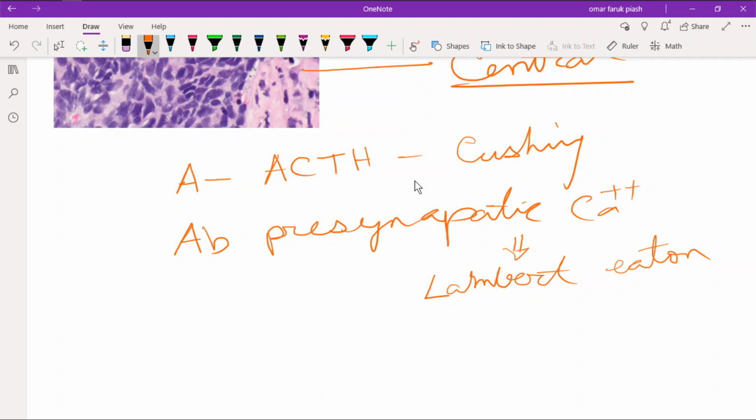If there is an antibody against the postsynaptic acetylcholine receptor, can you tell me the disease? This is myasthenia gravis, but myasthenia gravis doesn't happen in the paraneoplastic syndrome of small cell lung cancer.